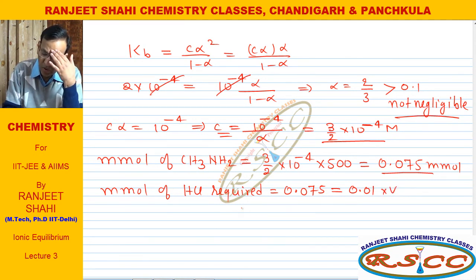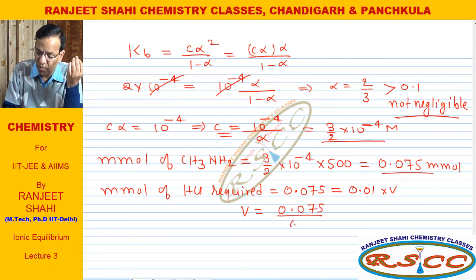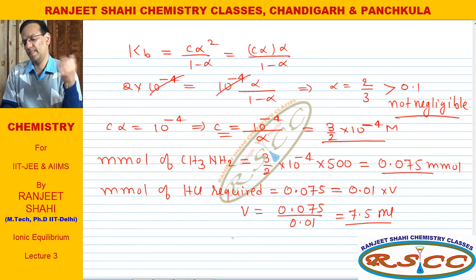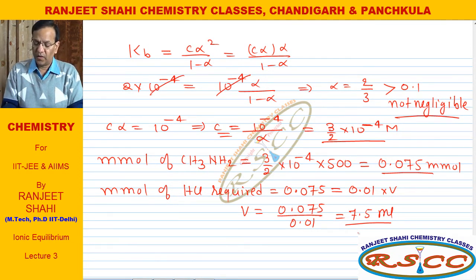So if we solve for V, it will be 0.075 divided by 0.01, so it is 7.5 milliliter. So if we add 7.5 milliliter of HCl to 500 ml of given amine, amine will be completely reacted, completely protonated to form CH3NH3 plus Cl minus salt.